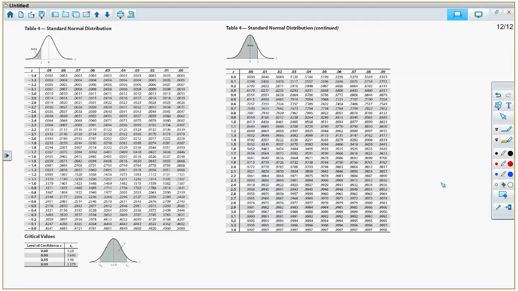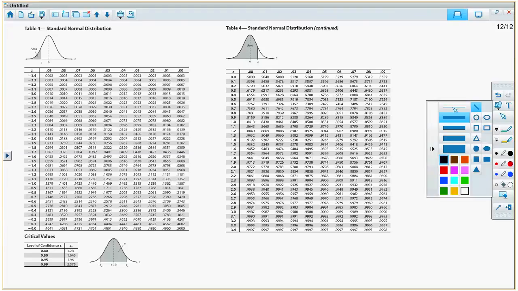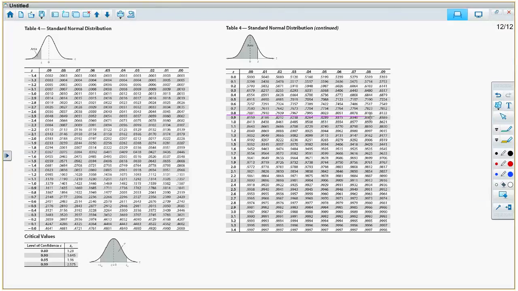All right, what's our first one? 0.8. So I'm going to take my handy dandy straight line maker. 0.8 is 0.8 plus what? 0. What'd y'all get? 0.7881.